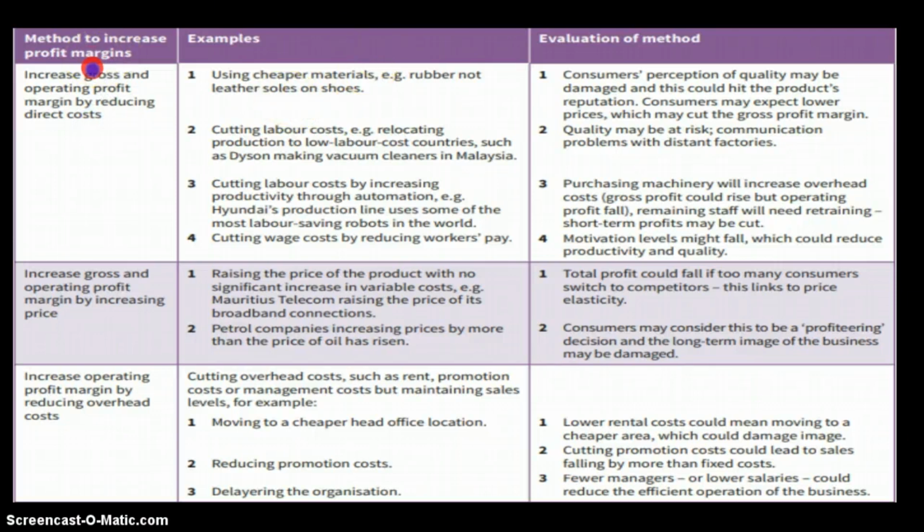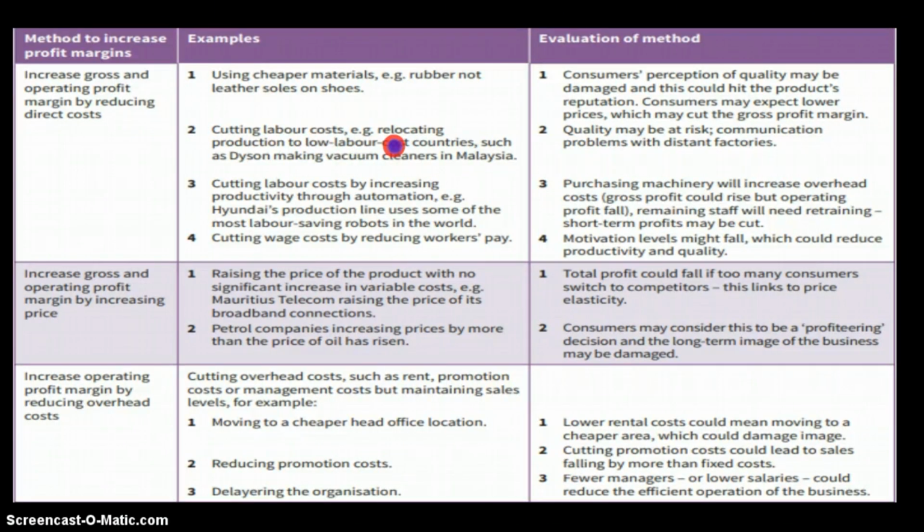So we can increase gross and operating profit margin by reducing direct costs. Now reducing direct costs, that's pretty straightforward, right? How can you do that? You can use cheap material, that is rubber, not leather soles on shoes, or perhaps switching your suppliers. That way as well you can have cheaper materials, but of course the quality will be compromised.